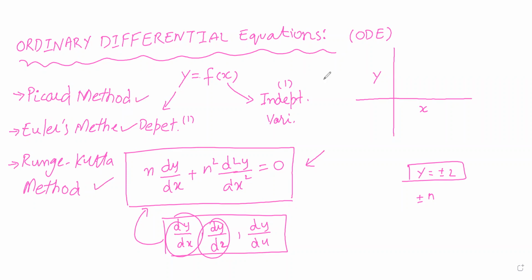Let's start question number one of the ordinary differential equation with the Picard method. In this one, you will be given one equation and a corresponding initial value condition.